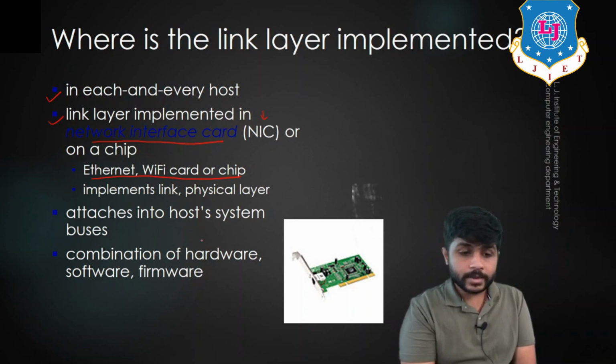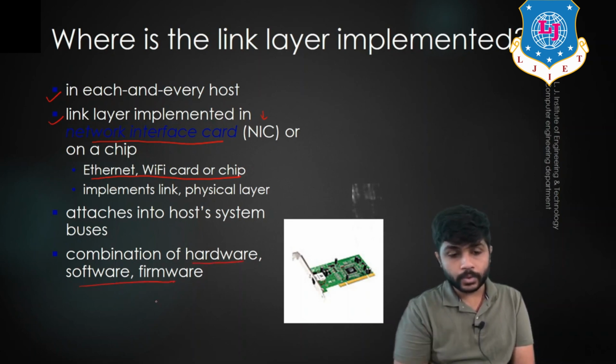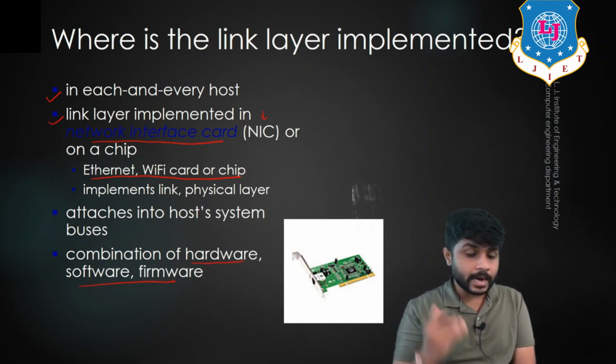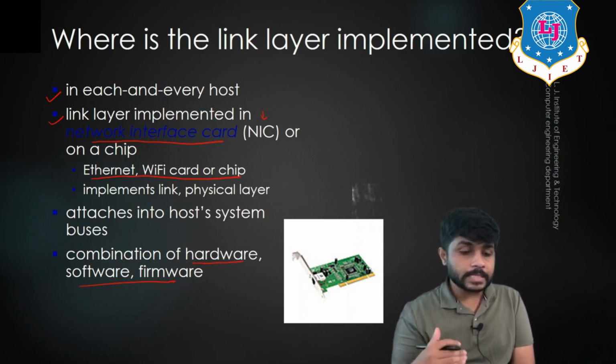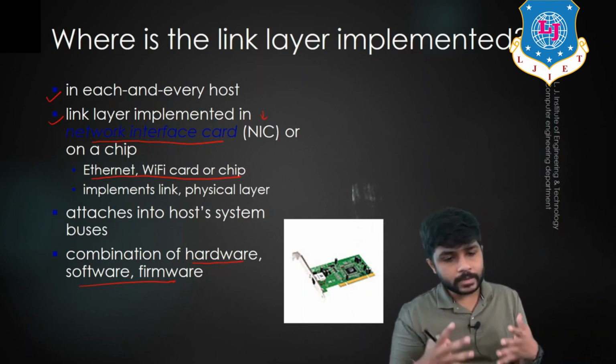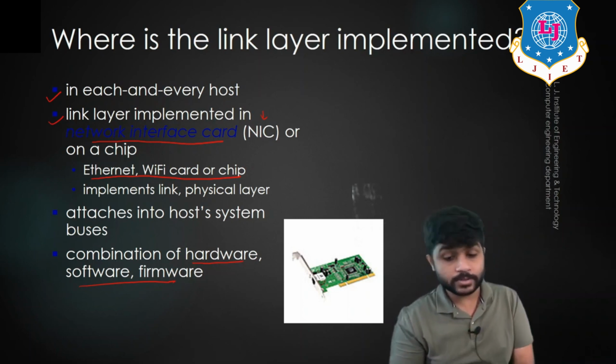The data link layer is a combination of hardware and software. We will see that it is not only present at the hardware level, it is also present at the software level.